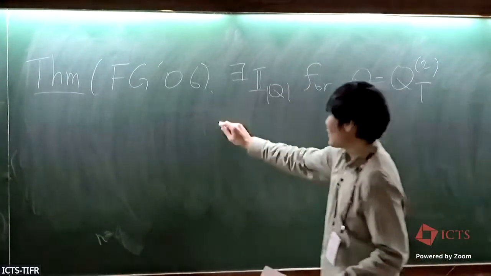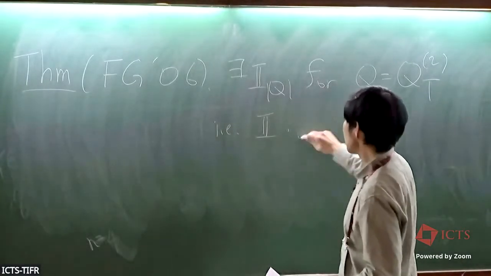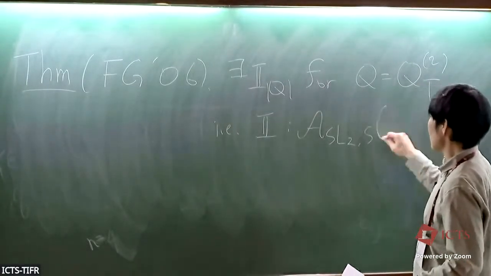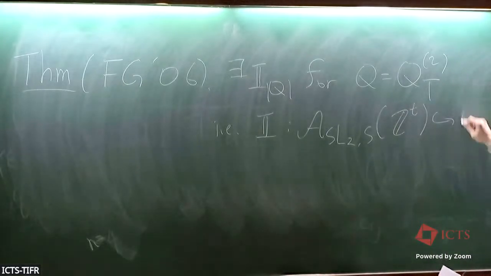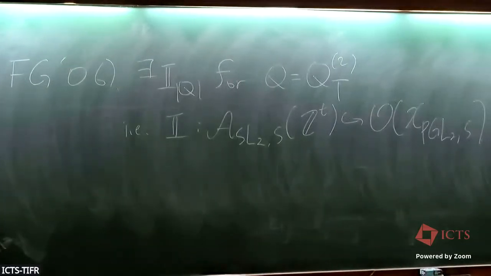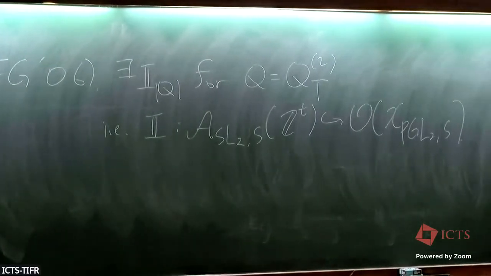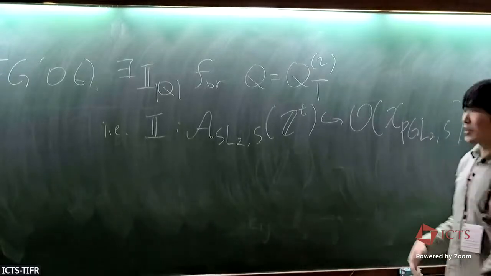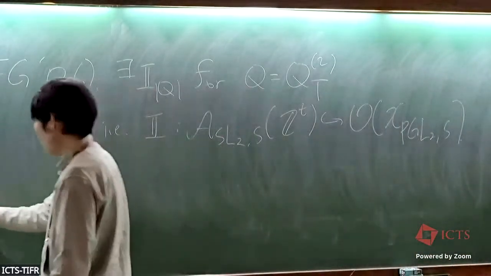So i.e. some I map which looks like this, which is sort of the Teichmüller space case. So this gives you some nice basis of the ring of functions on some version of the Teichmüller space. And then in that paper, they conjectured that this should be true for higher rank SLN, PGLN, and then there must also be quantum.